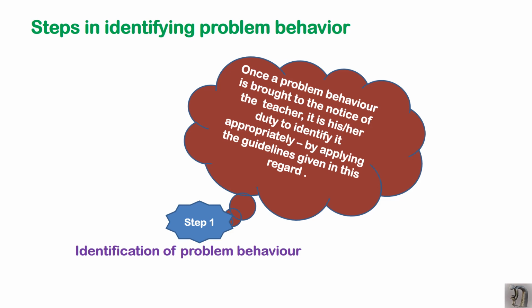So the first step is to check whether the child has such screening characteristics, such basic characteristics of problem behavior, as per the guideline or not. That is your first step of identifying maladaptive behavior.